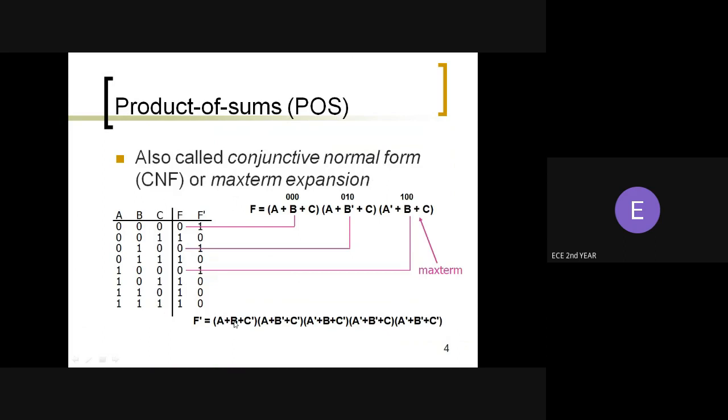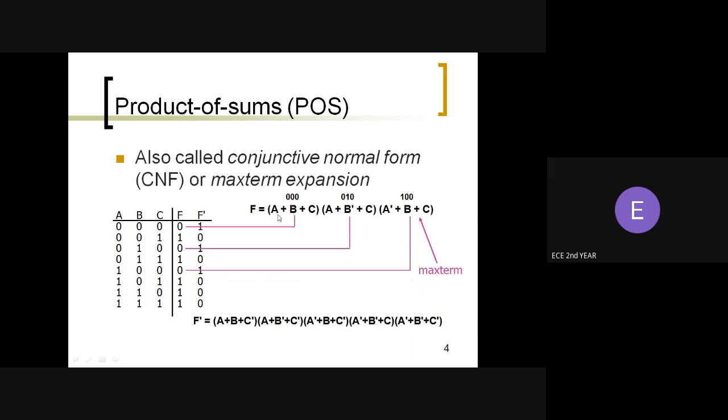Let us see the other case, which is called product of sum, and the terms that are present in this particular equation are called max terms. Product of sum, in this sense, a term will have an addition of inputs.